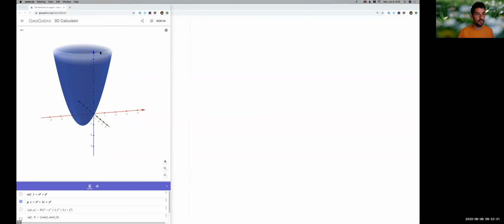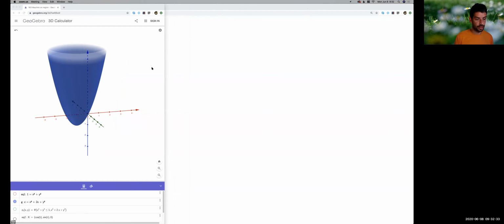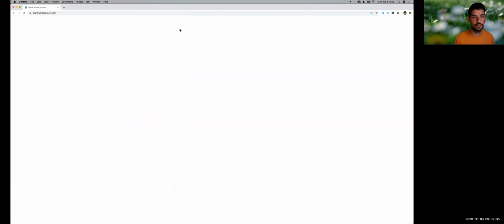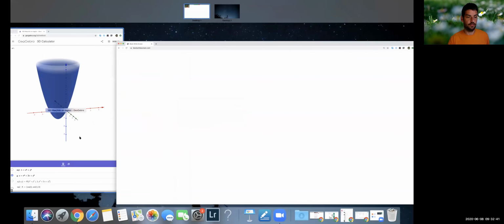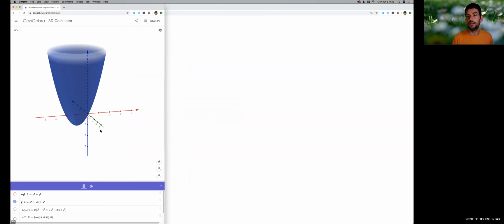I need to annotate. Okay, the function we're looking at here, f of x, y, is x squared plus 2x plus y squared.